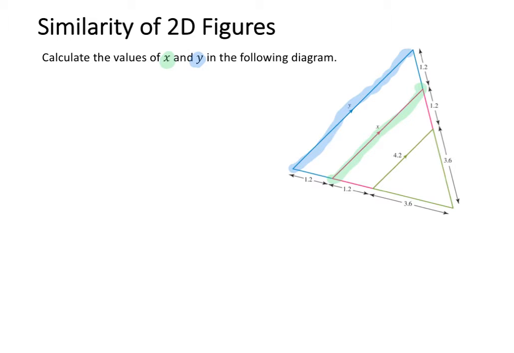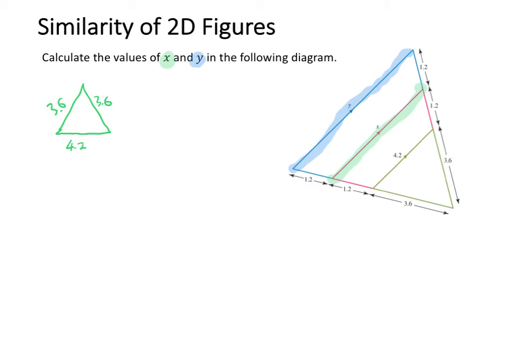Now each of those triangles are going to be similar triangles. So to help us calculate the value of x, we're going to draw two triangles, the little triangle and the middle-sized triangle, which is required to calculate x. Starting off with the little triangle, that has a base of 4.2 and sides of 3.6.